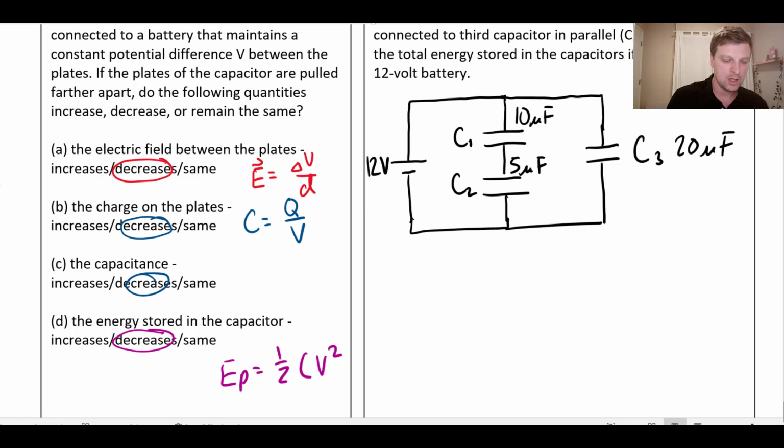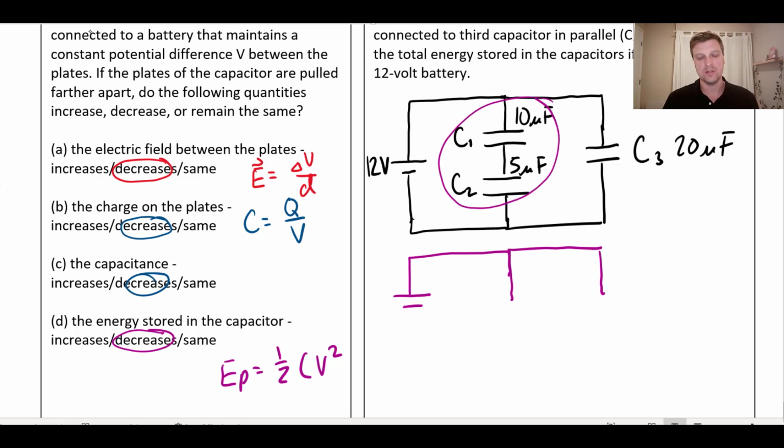Just a reminder that when we have capacitors in series and parallel, they each follow their own sets of rules. So one thing I can do here is redraw my circuit, and instead of treating these two capacitors in series separately, I can think of them as a single capacitor together. This is the same kind of trick we used when we looked at resistors in parallel. It just made our life a little bit easier.